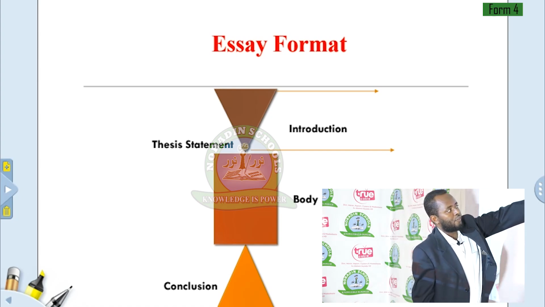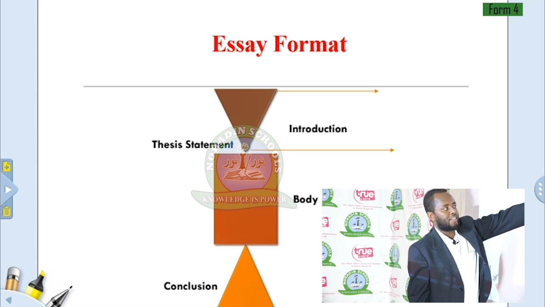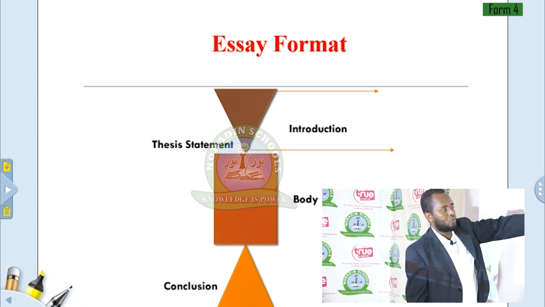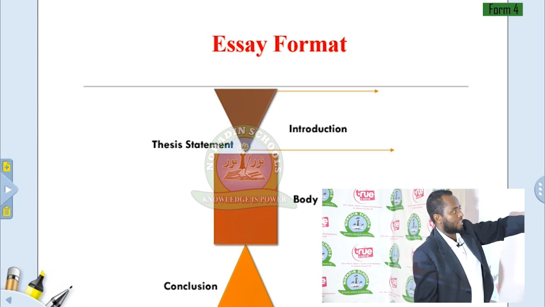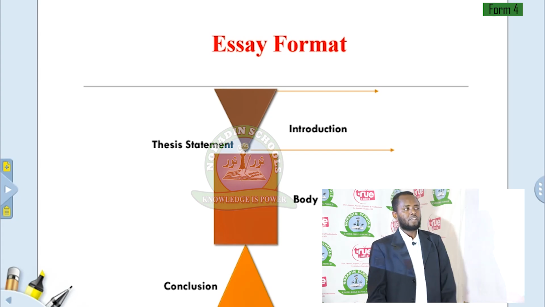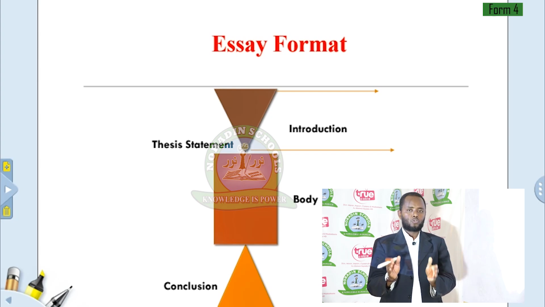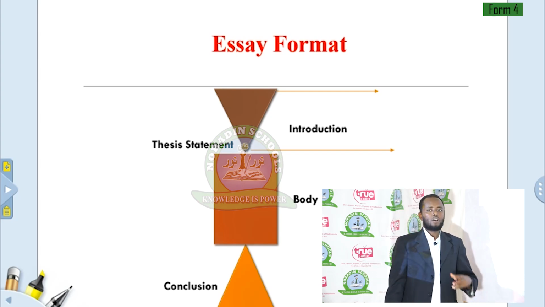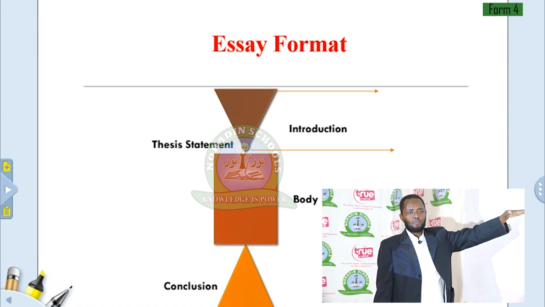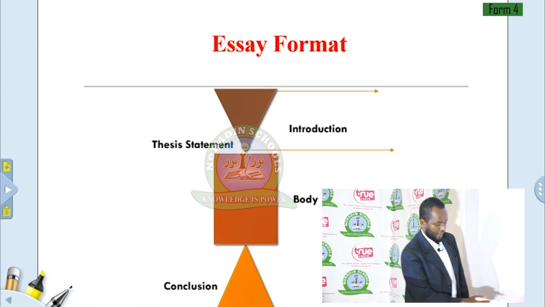So first you start with a general idea, and then you specify a thesis statement. So we say the introduction consists of 2 parts: general statements and thesis statement.